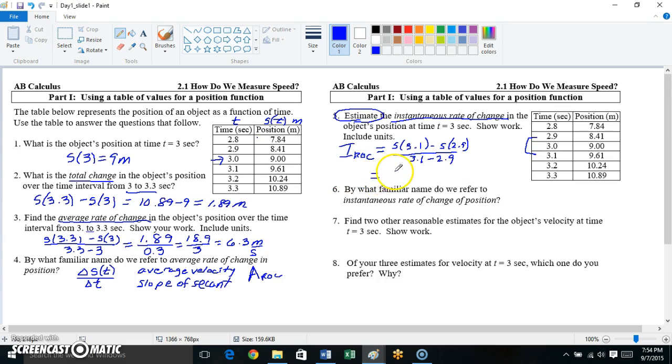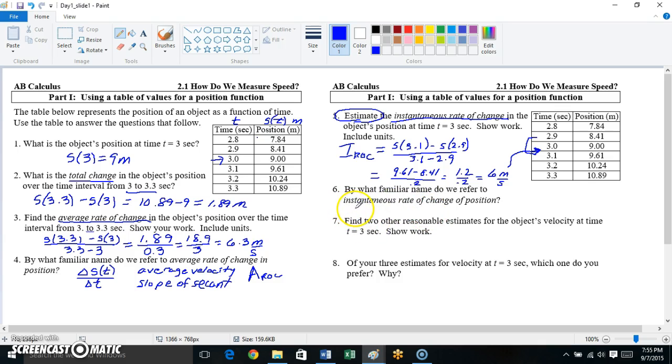All right, so pulling those numbers off the table, 9.61 minus 8.41, and the change in time is 0.2 seconds. Simplifying, we're going to get 1.2 meters in 0.2 seconds, which turns out to be 6 meters per second. So we're going to estimate that the instantaneous rate of change right at 3 seconds is 6 meters per second.